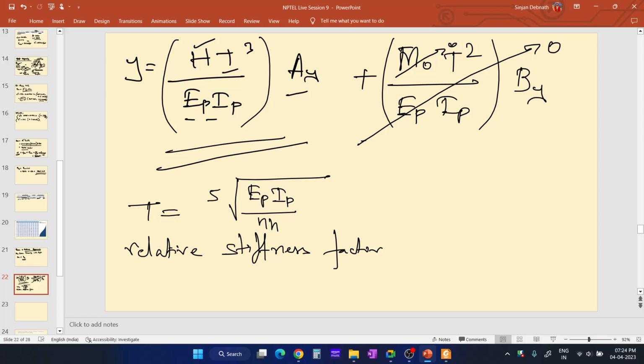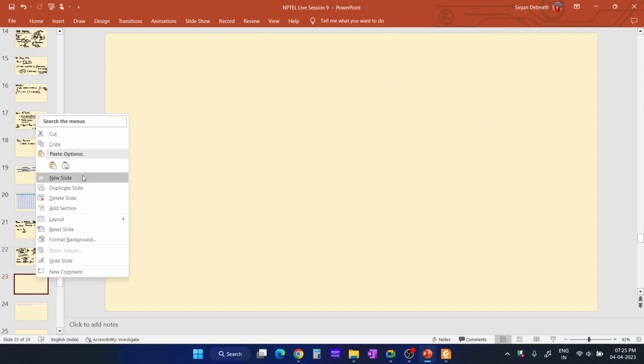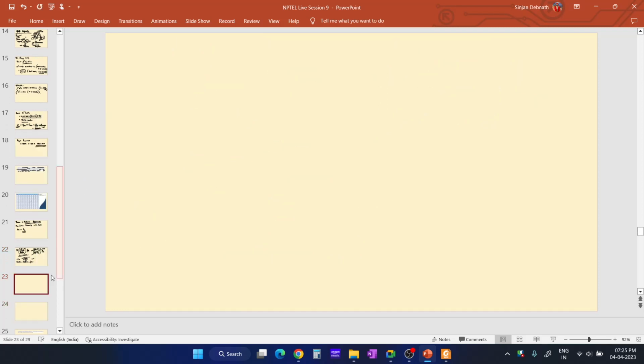Using this equation we can find the value of T. So T is equal to EpIp divided by eta H, to the power 1 by 5.